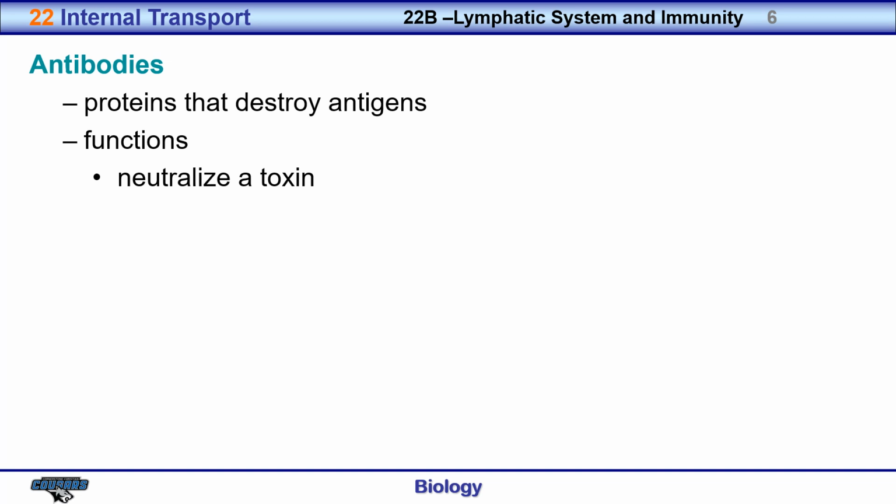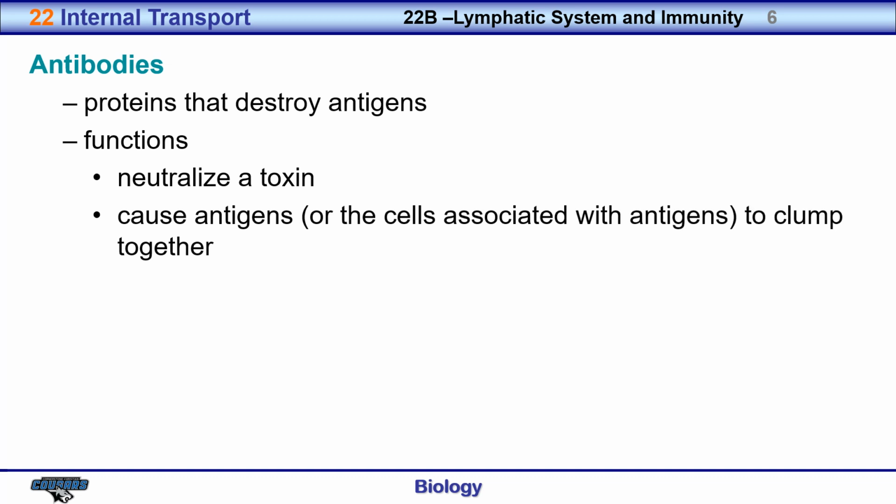They neutralize a toxin. Some antigens are themselves toxins. They're poisonous to us, and their toxic effect may be neutralized when the proper antibody combines with them. In other words, they are poisonous, but when the antibody combines with them, it makes them non-poisonous.